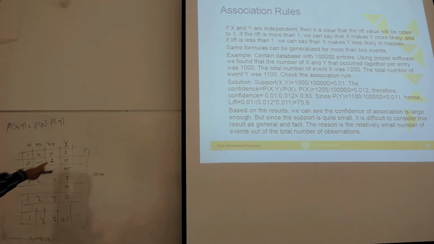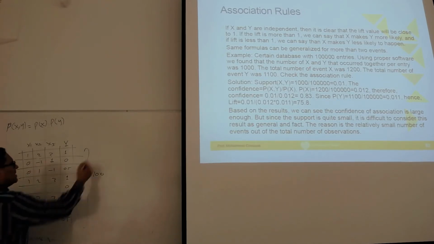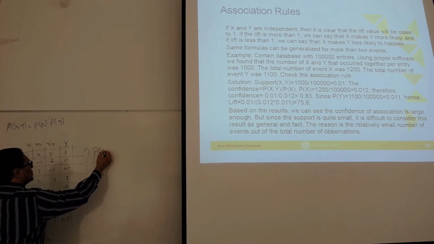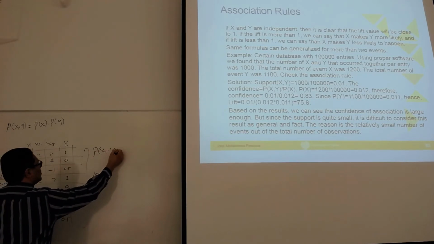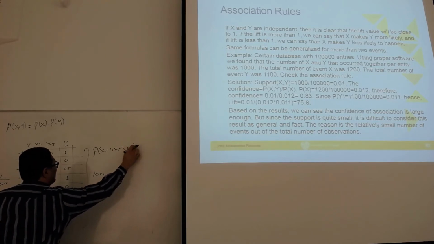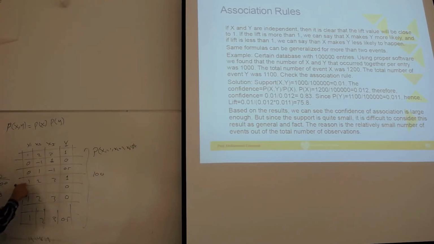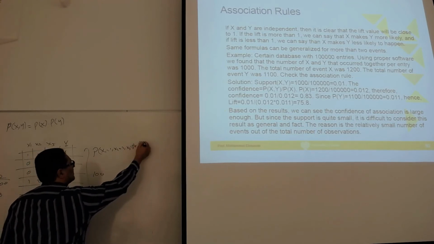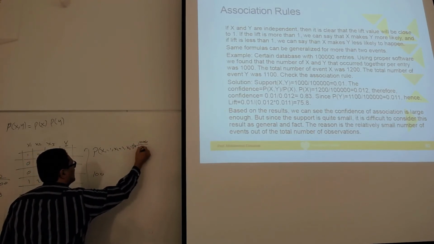So the probability of X1 equal to 1 and X2 equal to 2 and X3 equal to 3, because it is repeated 1,000 times and we have 100,000 elements, will be 1,000 divided by 100,000.